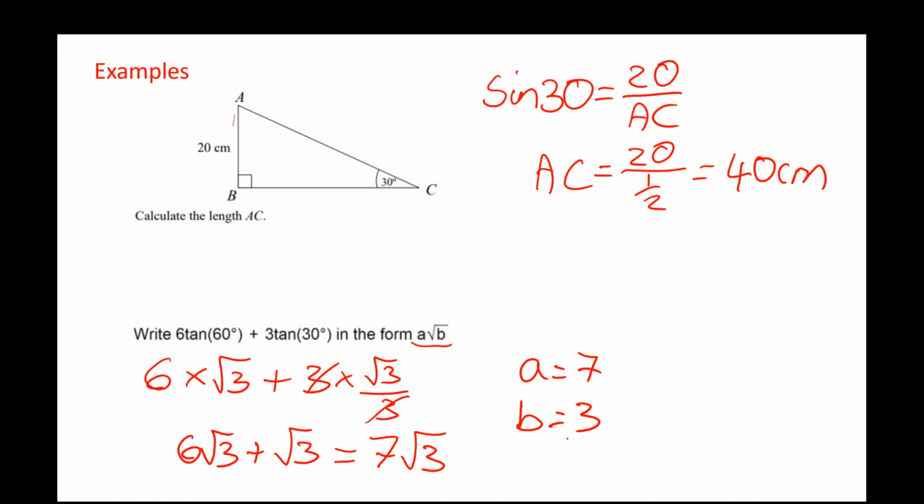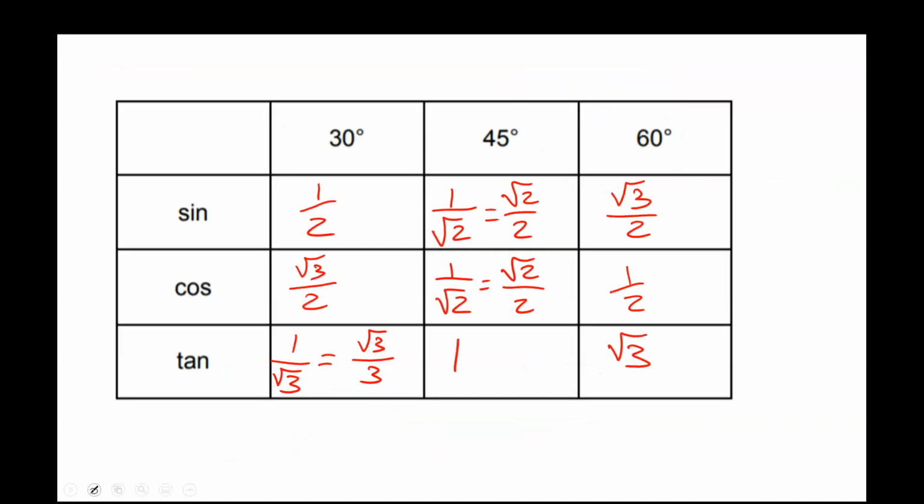And that's the type of question they're likely to ask you. As I say, this is a topic that comes up in a non-calculator paper or assessment, generally towards the end. If you can remember this table or come up with a way of remembering it, you will be absolutely fine with this topic.